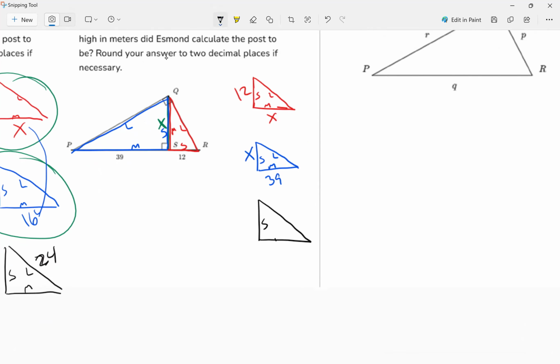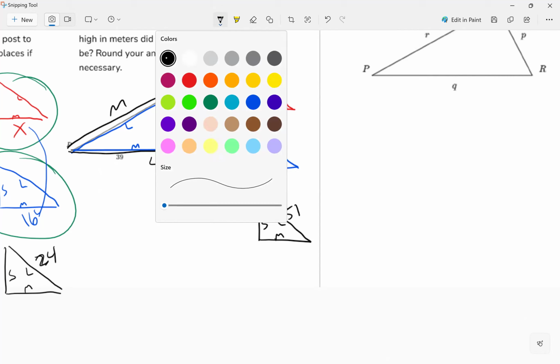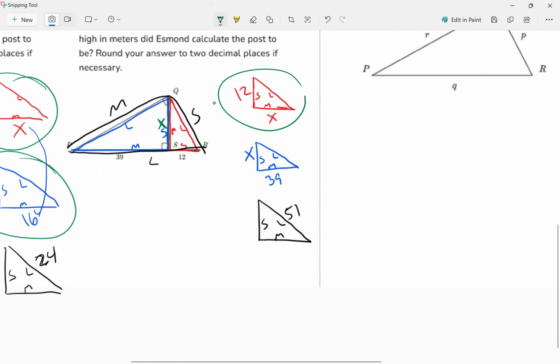And then the big triangle, there's small, medium, and large. So the small side, I don't know. The medium side is also blank. The large side is 39 plus 12, so that's 51. I know the corresponding sides in these two.